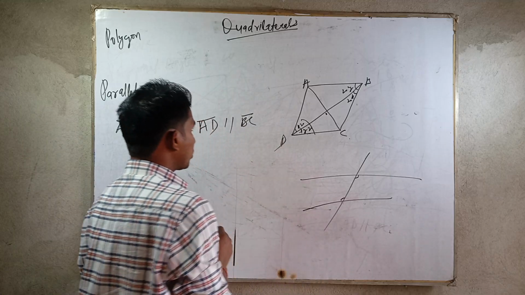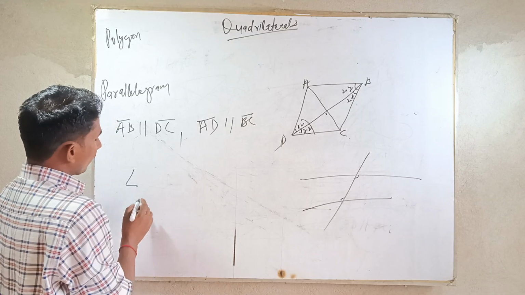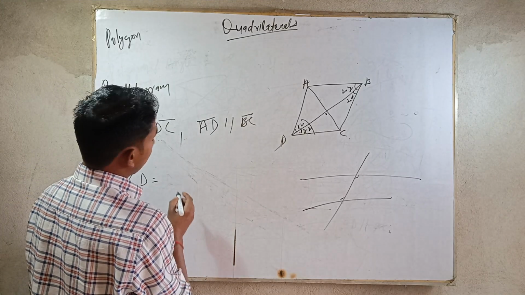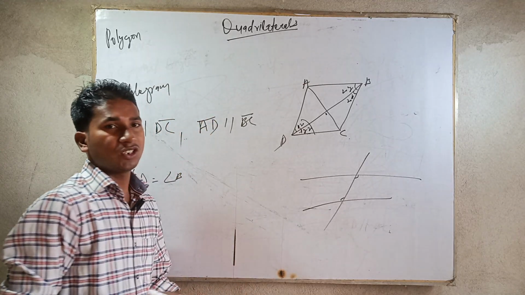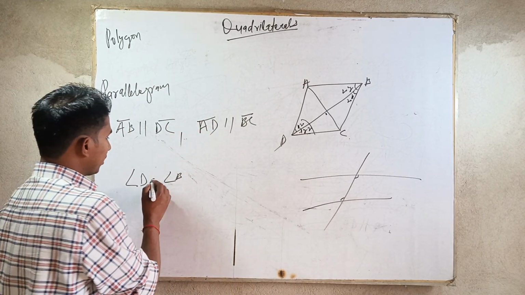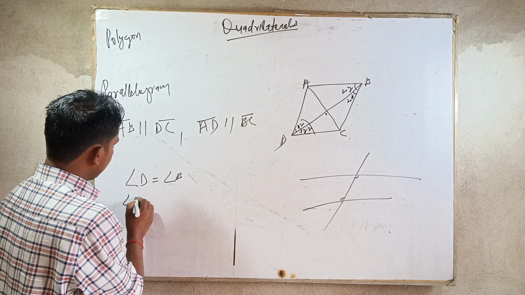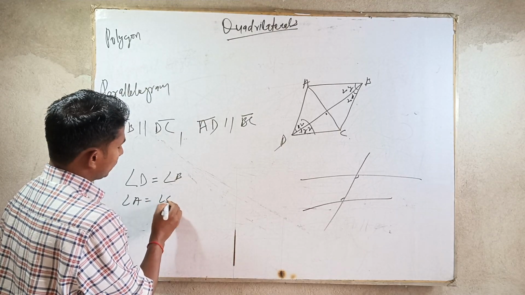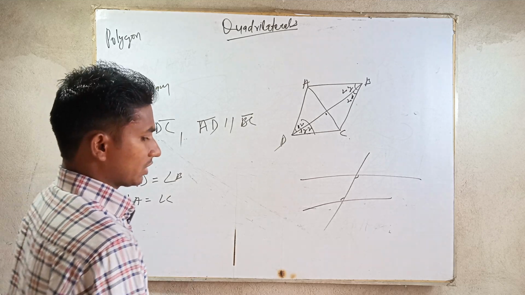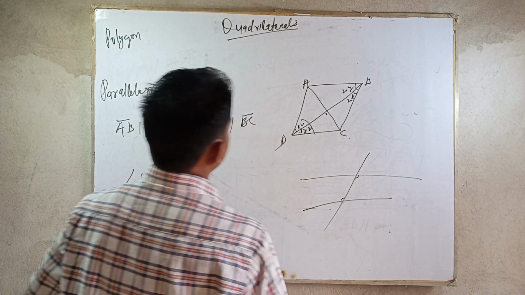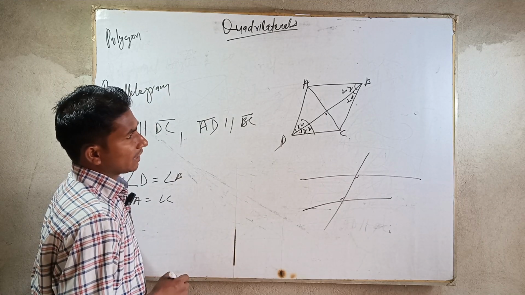That means opposite angle D equals angle B, so in parallelograms opposite angles are always equal, and angle A equals angle C. In a parallelogram you studied this. The diagonals bisect each other.